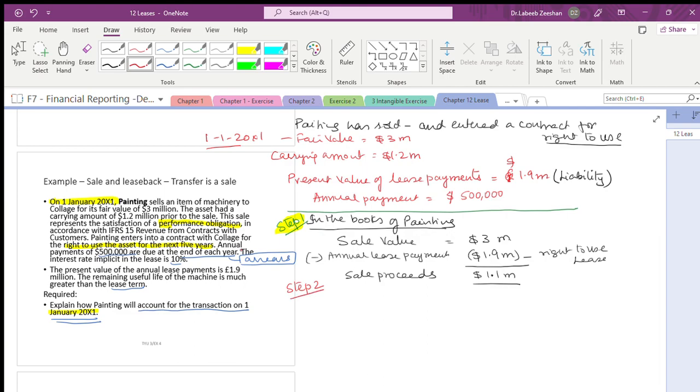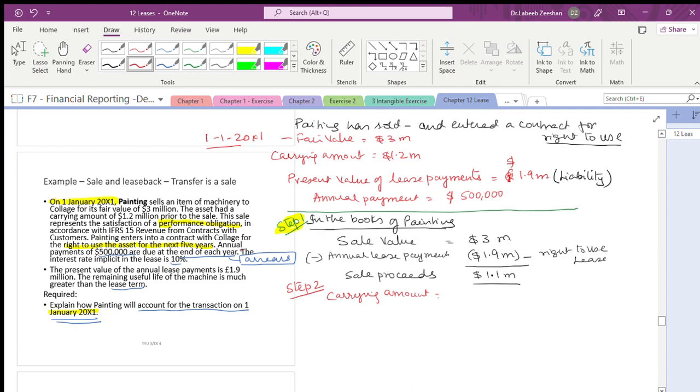What is the carrying amount? We have to show the transaction on 1st of January, and how much profit we got.